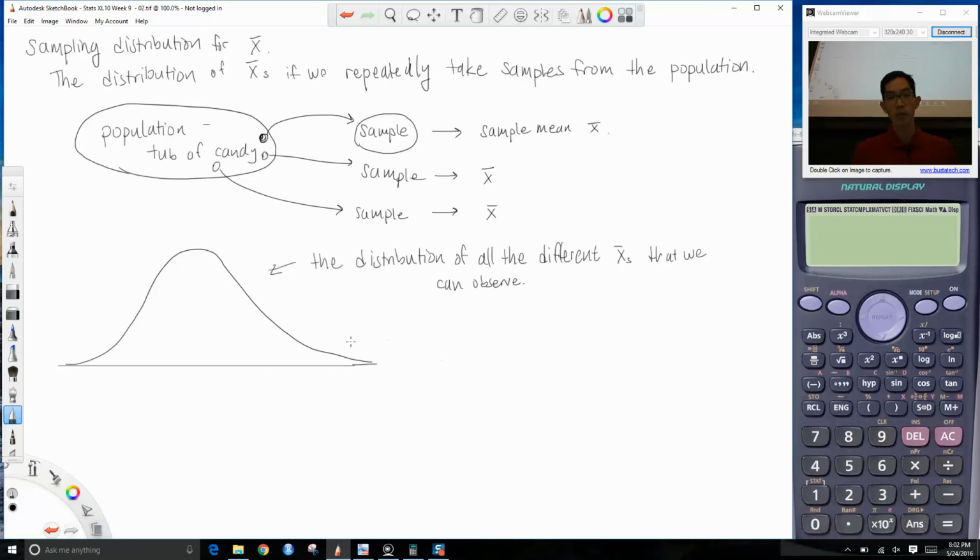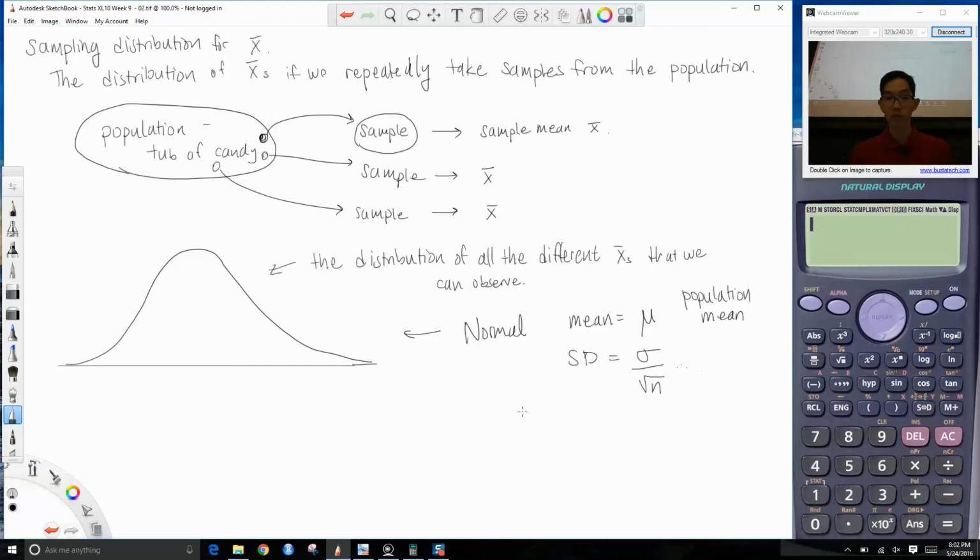So this thing is normal, and it has a mean equal to mu, which is the population mean, and it has a standard deviation equal to sigma divided by the square root of n.